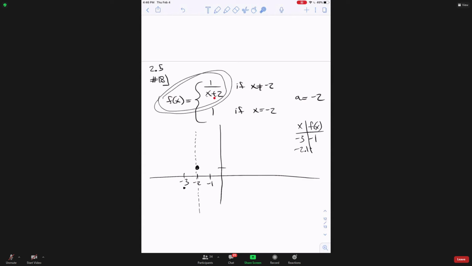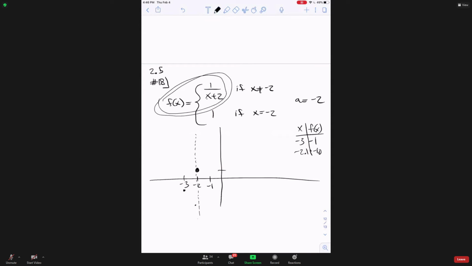So 1 divided by -0.1 is -10. So it's way down here. So it's going to end up looking like this. And there's also a horizontal asymptote on the y-axis here. And this side is going to end up looking like this, if you can just take my word for it for now. Now, you can see that the limit doesn't exist.